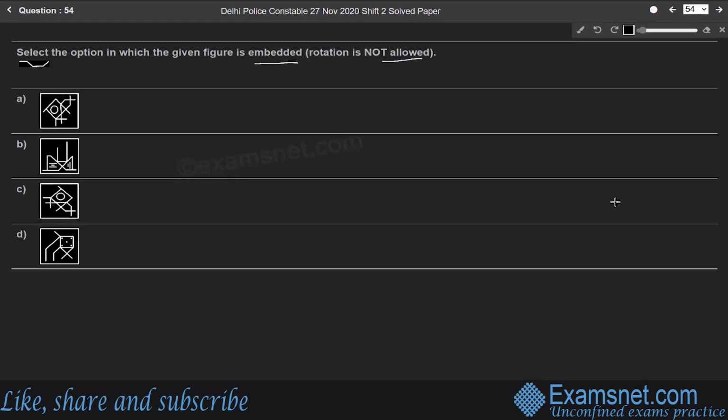So here, in option C, in this part of the figure, yes. So the given figure is embedded in this part of the figure. Therefore, option C is the right answer.